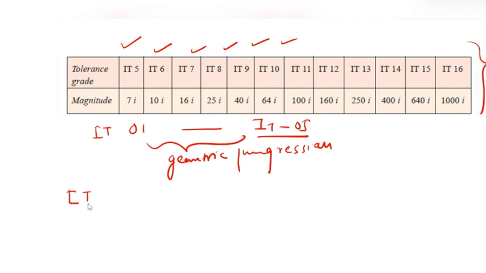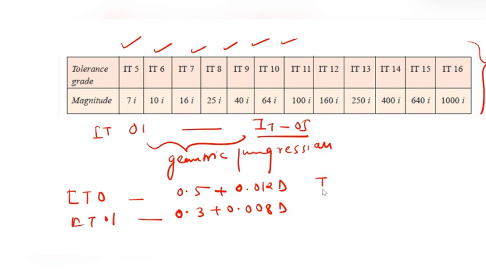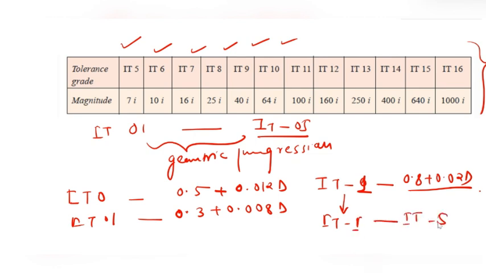Whereas IT0 is given by 0.5 plus 0.012 times the diameter. IT01 is given by 0.3 plus 0.008 times the diameter, and IT1 is given by 0.8 plus 0.02 times this diameter. From IT1 to IT5, the in-between values form a geometric progression.